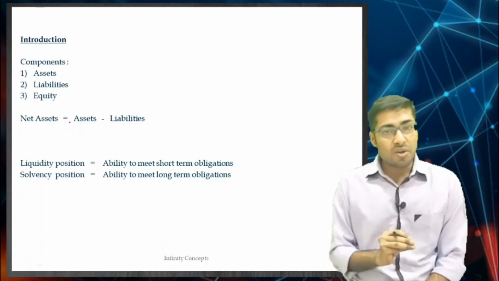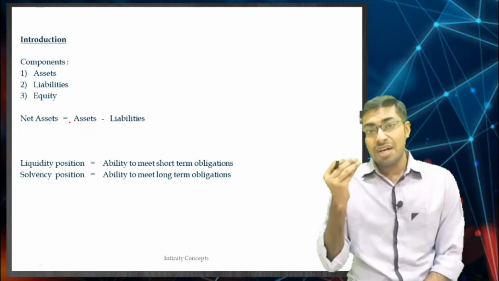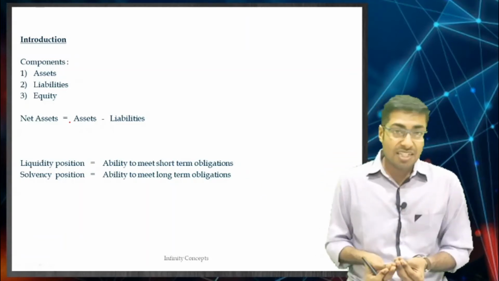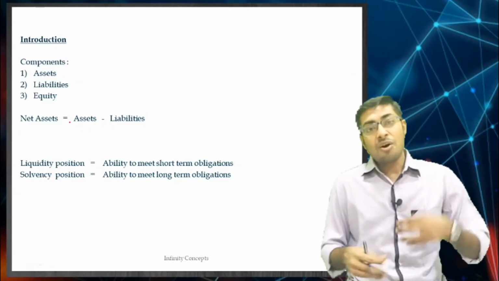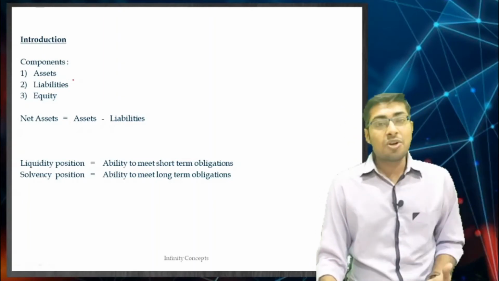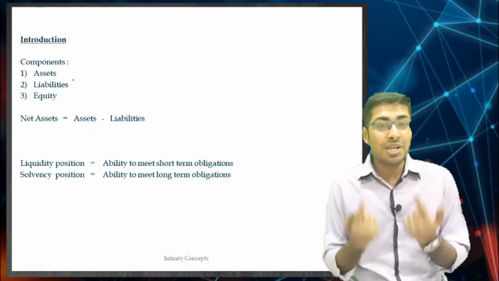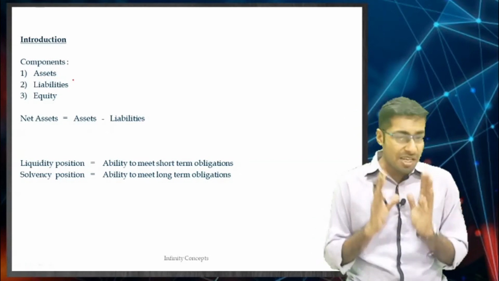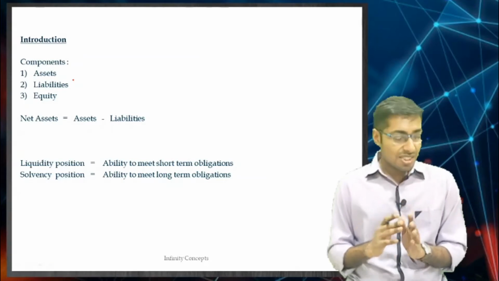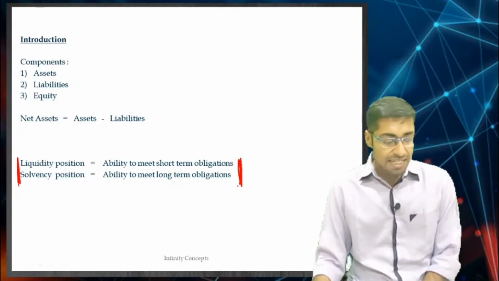I don't know which subject you have taken up first, FRA or corporate finance, so if this is the first one, I need to explain liquidity and solvency as well. We will quickly go through it because this is not a big portion.